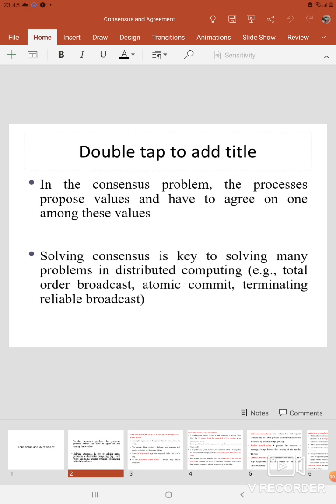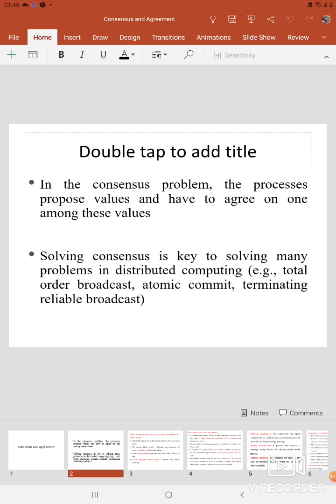In the consensus problem, all the processes propose values and all should agree on one among these values. For example, if we have 10 processes, the 10 processes are proposing some values. Each may differ by value, or all the processes may propose the same value.